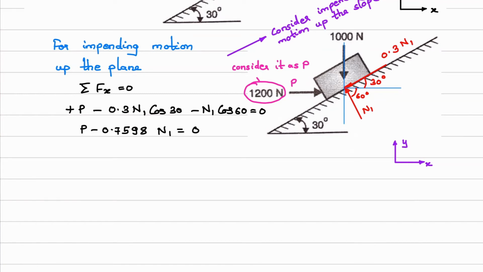Next, summation Fy equal to 0. Summation of all the forces in the y direction is equal to 0. This direction we are considering positive, the downward direction negative. Now weight is downward, so minus 1000. The y component of friction force will be downward, so minus 0.3 N1 sine 30.